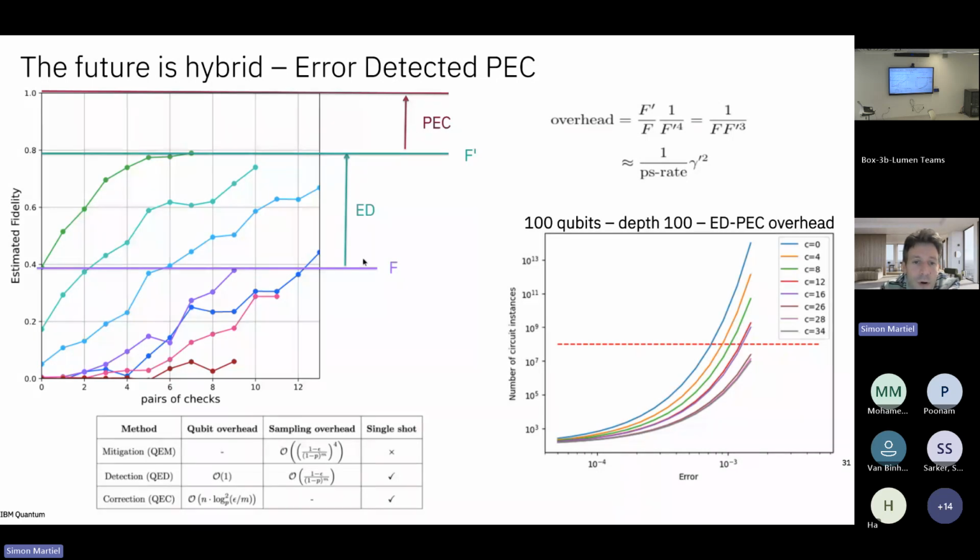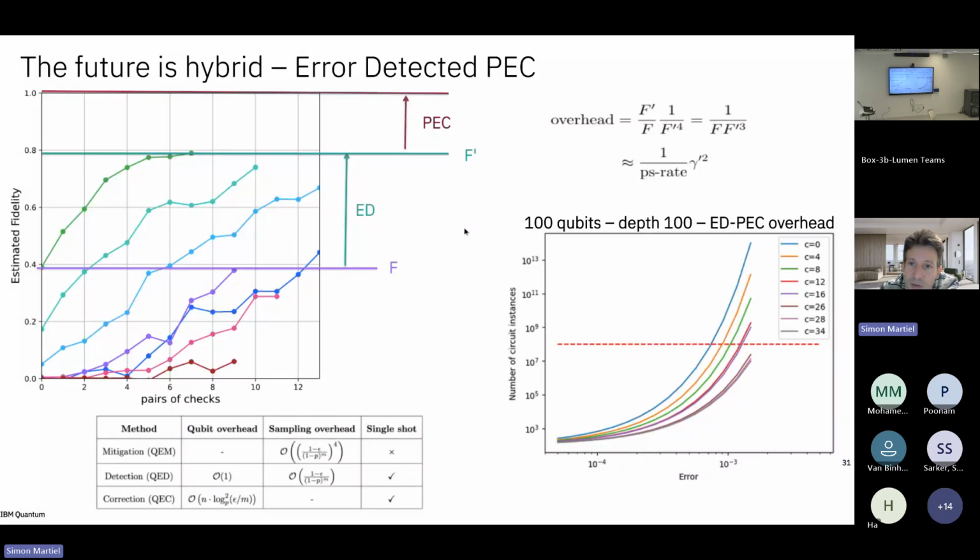So we will do most of the work using error detection, and then close the gap using PEC, which gives us guarantees that the gap is completely closed, and we have a good assessment of the result we expect.